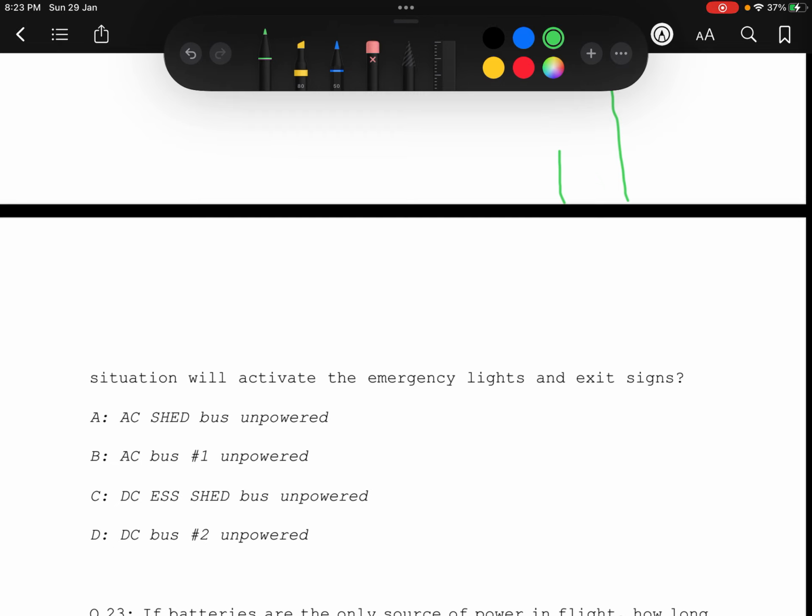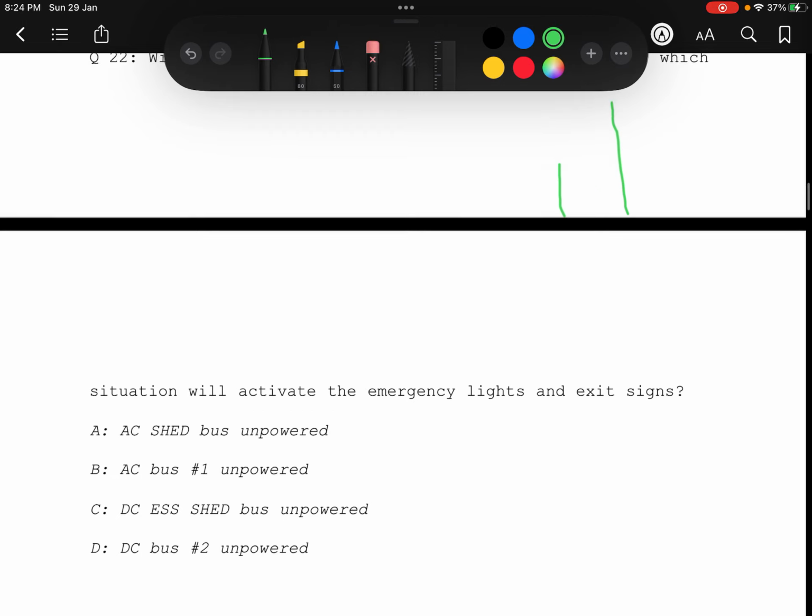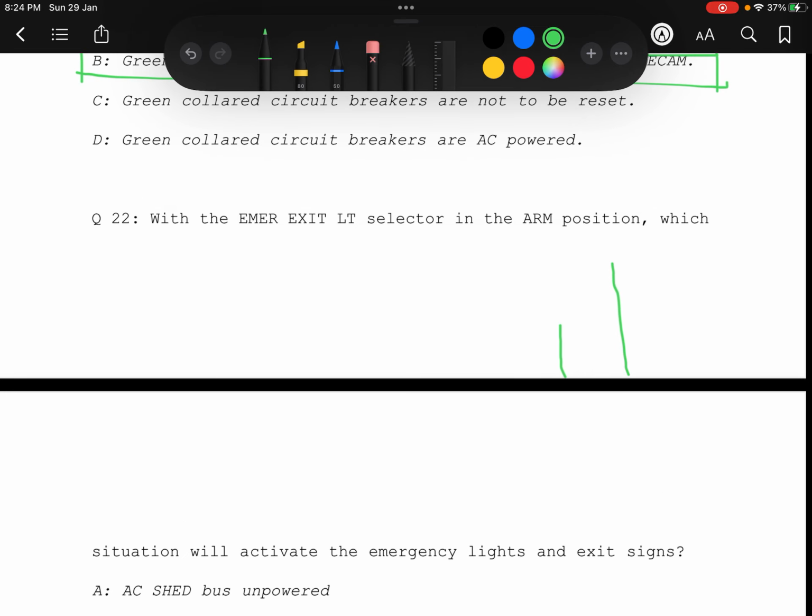There are basically two things. One is when you have kept this emergency exit light selector in the ARM position, and another is when they illuminate automatically no matter your selector position.